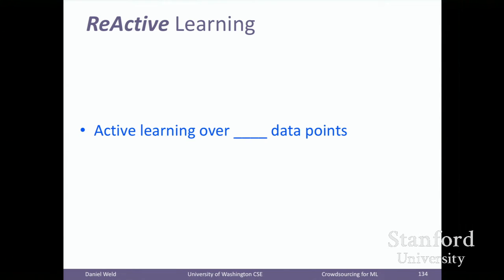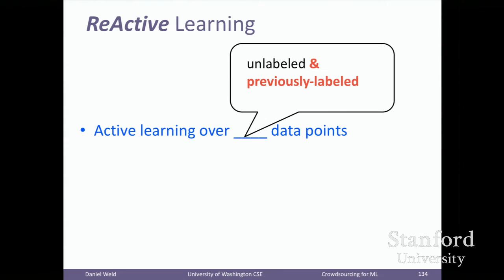All you could do is use our off-the-shelf labeling strategy, and it's going to figure it out automatically. What reactive learning does is like active learning in the sense that it uses the classifier's uncertainty to figure out what data point I should label, but it considers data points that have already been annotated and decides, should I get another label of that data point?